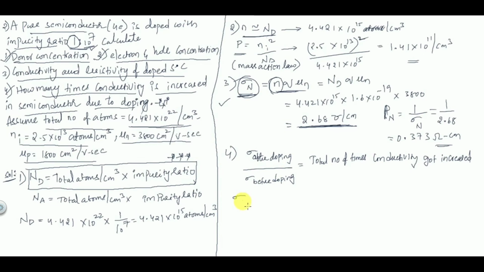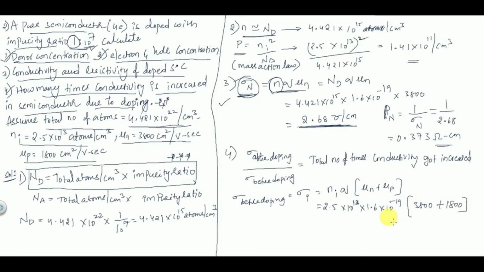So the conductivity before doping is the intrinsic conductivity, which we have seen in the previous problem. The formula is n_i q into mu n plus mu p. Okay, so what is n_i given? 2.5 into 10 to the power of 13 into 1.6 into 10 to the power of minus 19 into mu n, where mu n is 3800, plus 1800.